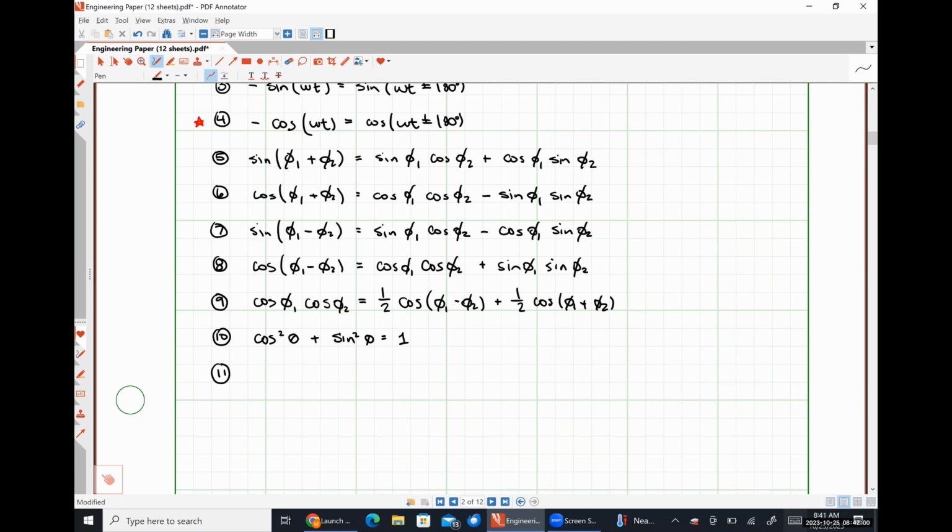Euler's identity says that the cosine of some angle plus j times the sine of some angle is equal to e to the j angle. And in about 10 minutes tops, we'll start talking about what j is. So we'll put a pin in that for later.